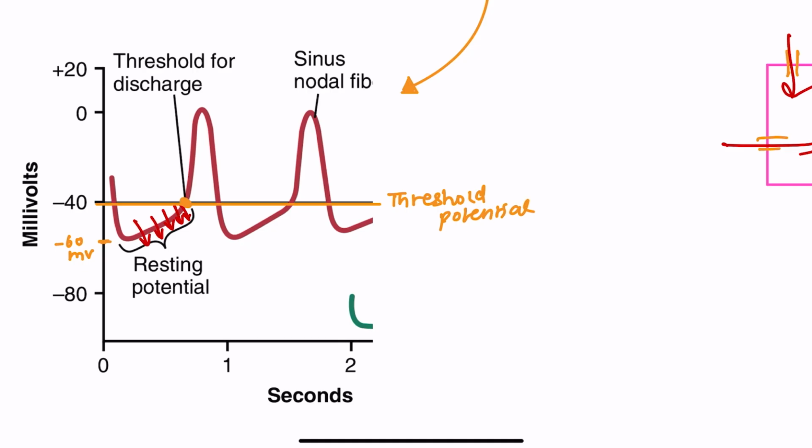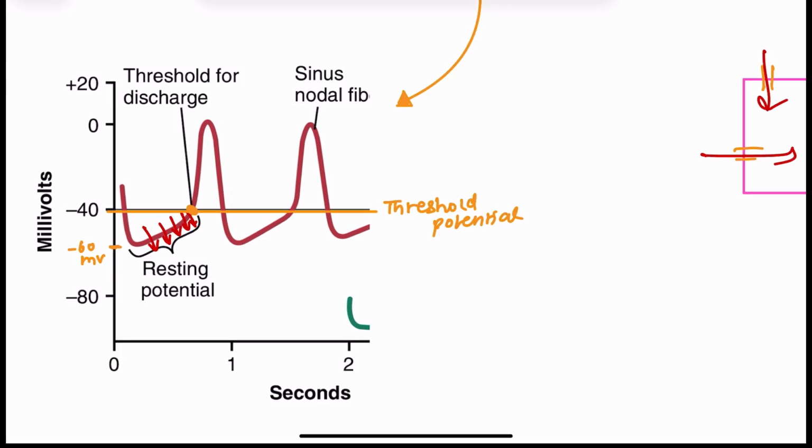Whenever this threshold potential is reached, then the voltage gated calcium channels open and there occurs calcium influx. This calcium influx leads to rapid depolarization. So this stage is the depolarization stage.